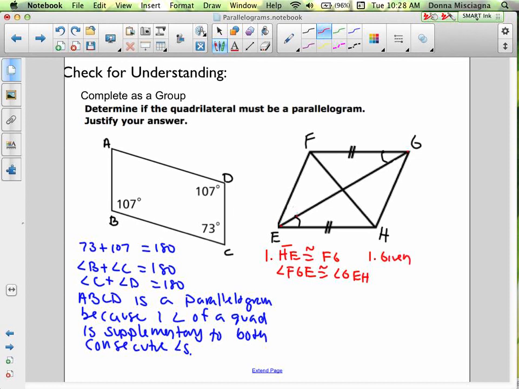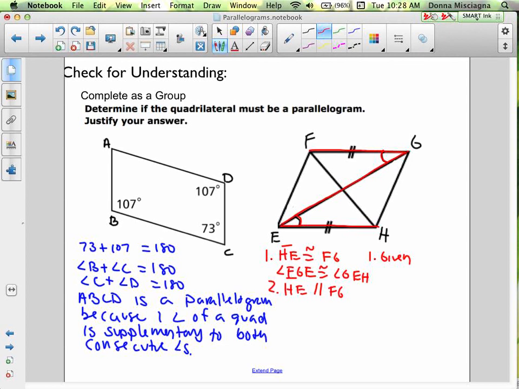Now, these are alternate interior angles. That alternate interior angles part is based on position. It is between 2 lines on opposite sides of the transversal. Because those angles are congruent, HE is parallel to FG.